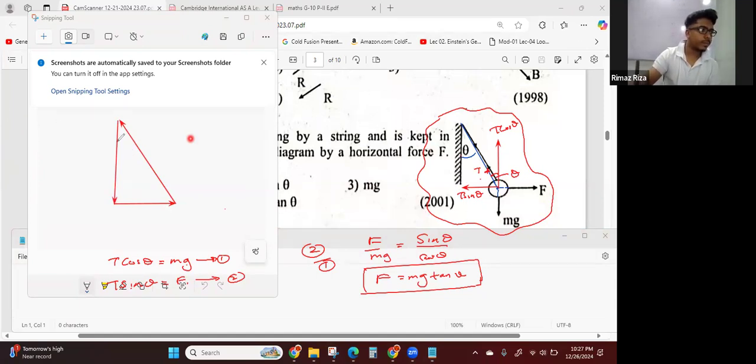So here, this angle is 90. This is F, and this is tension. This is mg. Okay, and this angle is theta, and therefore this angle will be 90 minus theta.